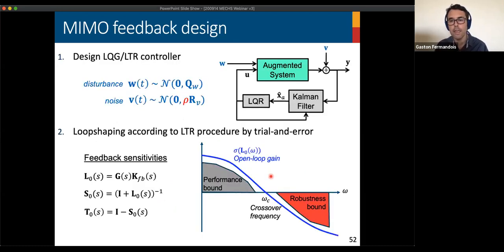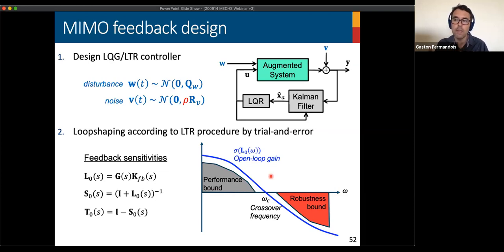Then the regulator is designed using an LQG/LTR controller, where basically we calibrate the LQR and Kalman filter using a heuristic given by the loop transfer recovery procedure in order to get some performance that will give us some robustness in the controller.